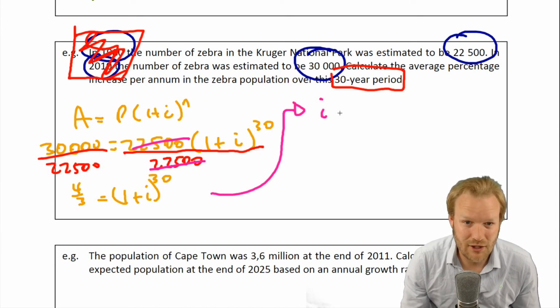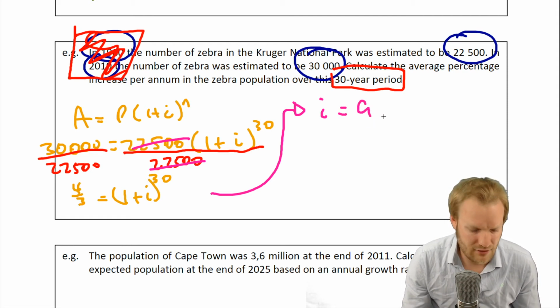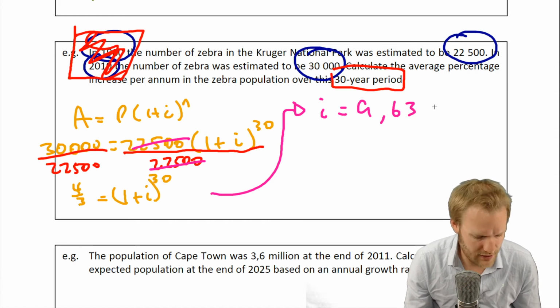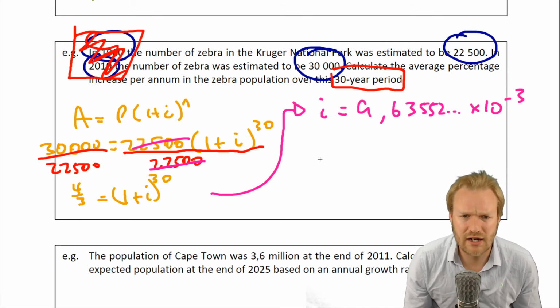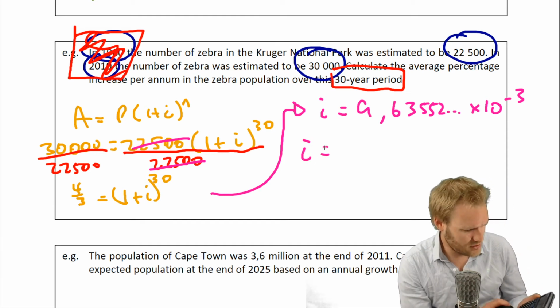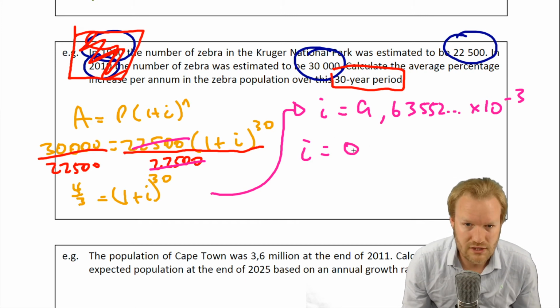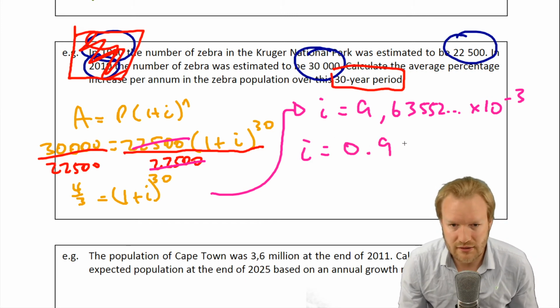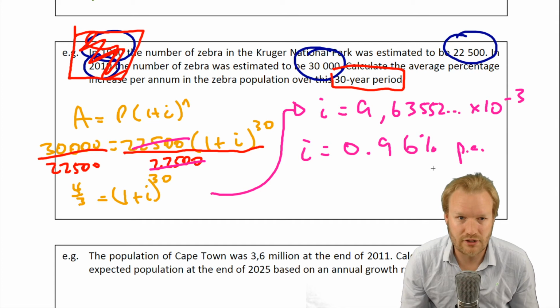So at the moment, I equals 0, no, not 0. 9.63552, a whole lot more digits, times 10 to the minus 3. But we want I as a percentage, so we just go times 100, which equals 0.96% per annum compounded annually.